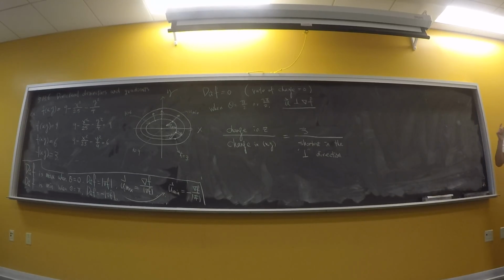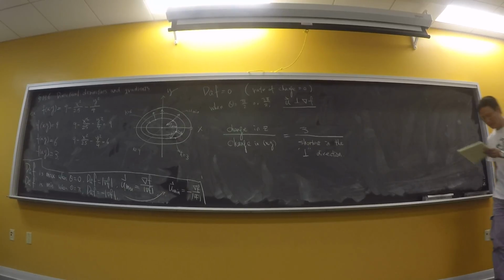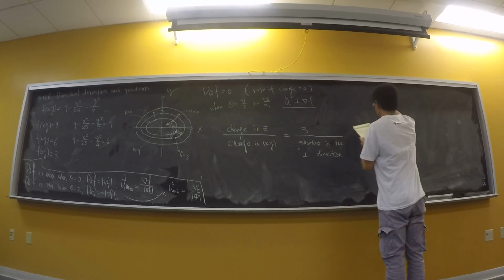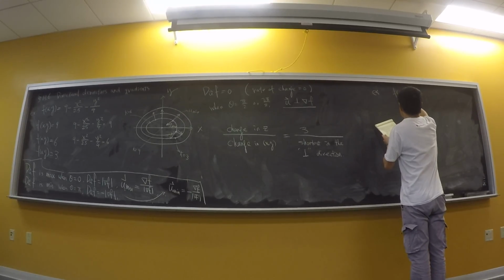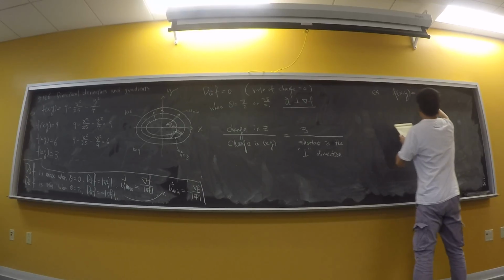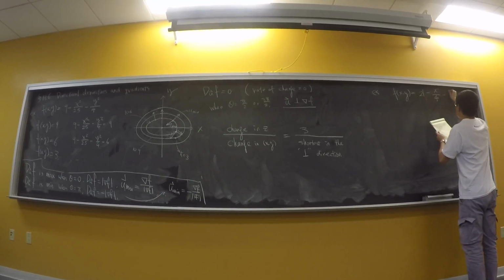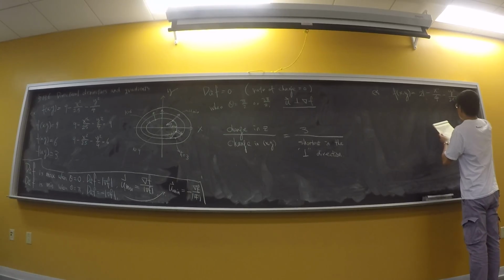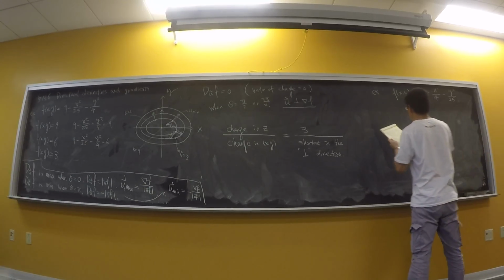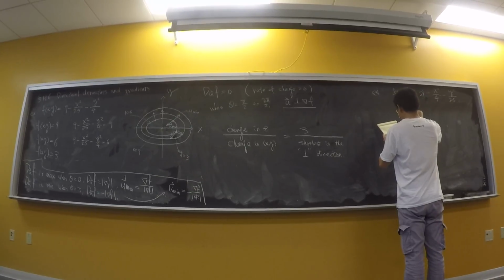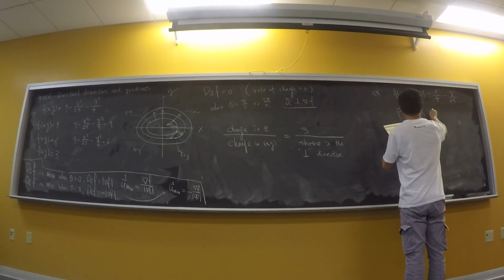Okay, but we are talking about calculus, so we should be able to do things. So I want to quickly verify one thing. f(x,y) is equal to 21 minus x squared divided by 4 minus y squared divided by 25. So I'm at the point (2 square root of 3, 10).